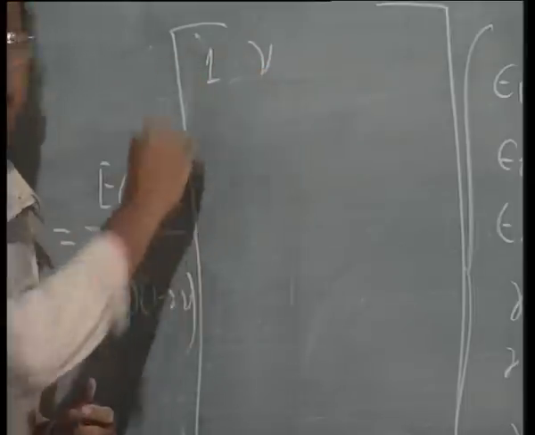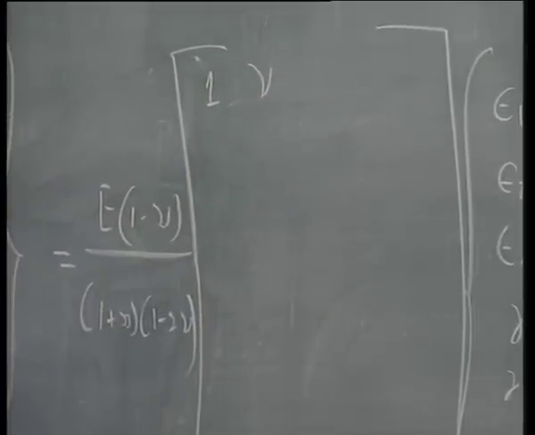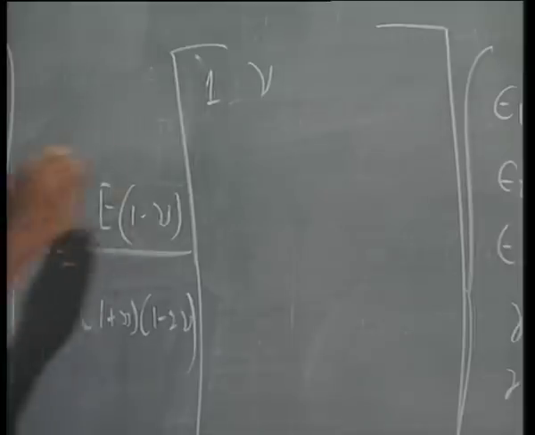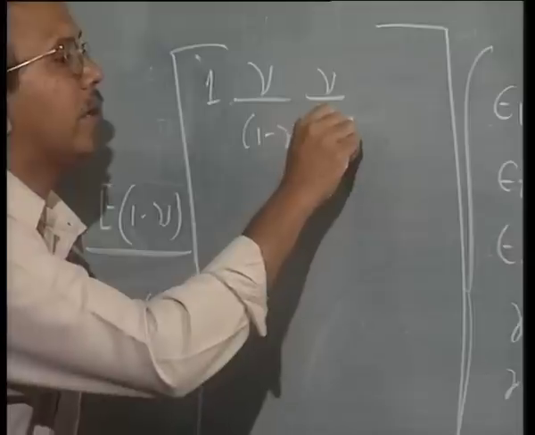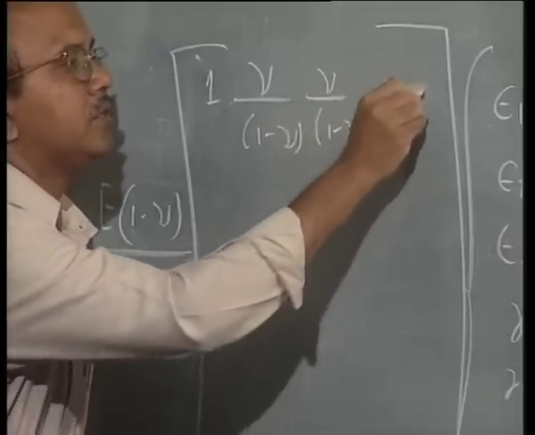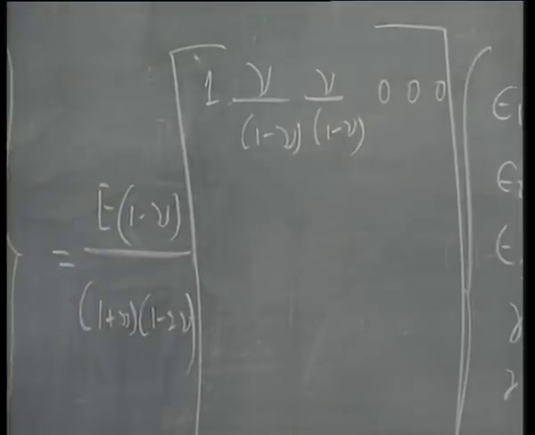Why I am asking you this question is because it's so simple, so that you are not lost. I want you to concentrate on just sheer simple algebra and not get carried away. Nu divided by 1 minus nu, then 0 0 0. Is that clear?